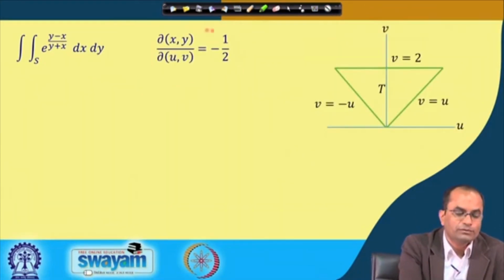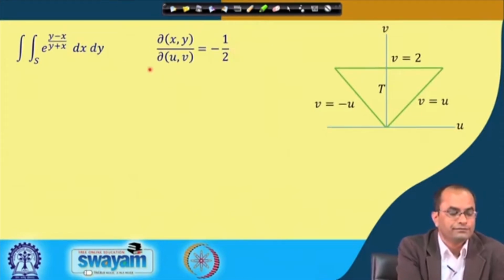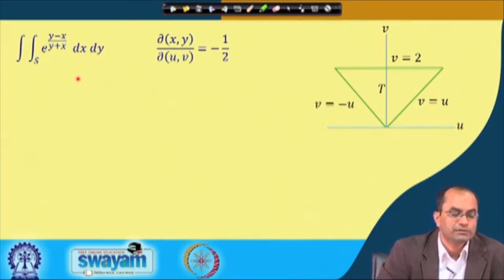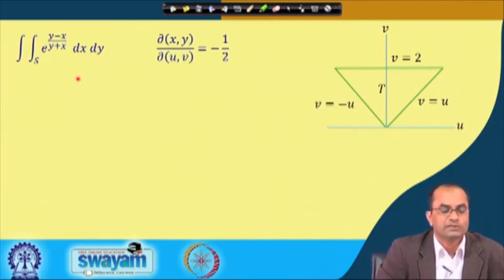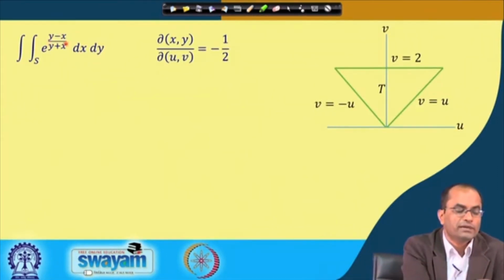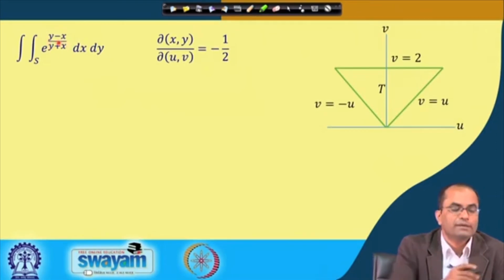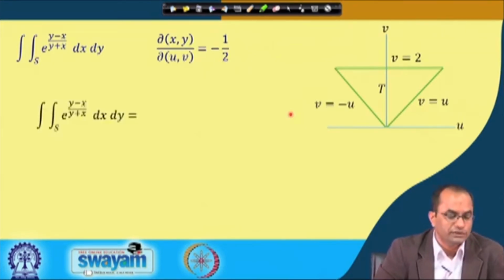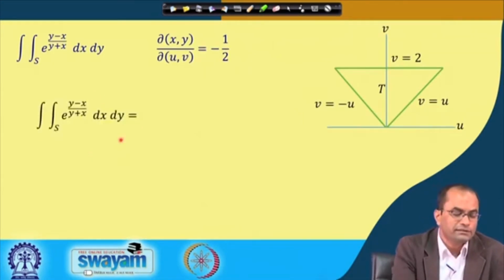So, remember the Jacobian was minus half, and we are going to compute this integral e power (y minus x) over (y plus x) dx dy, and our substitution was y minus x is u and y plus x is v, and this is the new domain given in terms of v and u. So, having this integral, we can now substitute the exponential power.